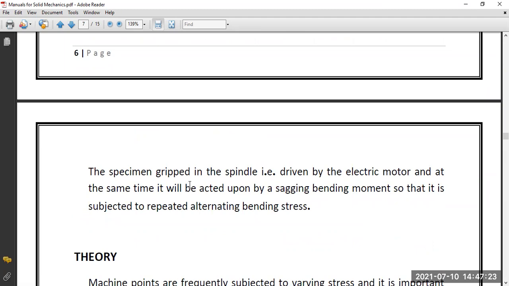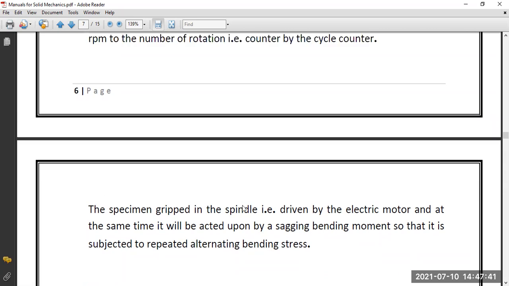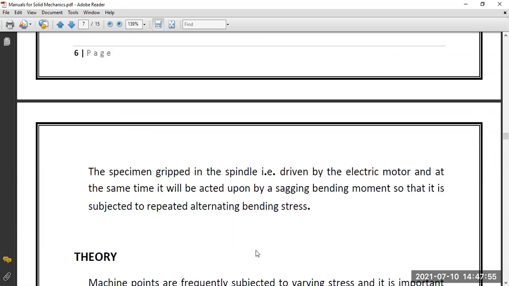The shaft experiences sagging and hogging as it rotates.